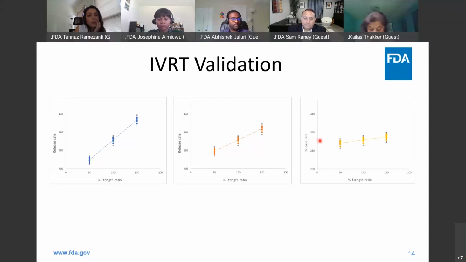While we don't have a requirement of a slope value for a specificity curve, we again encourage you to observe your data qualitatively, look at it, and you can tell the method on the right is not discriminative, but the method on the left is very well discriminative.